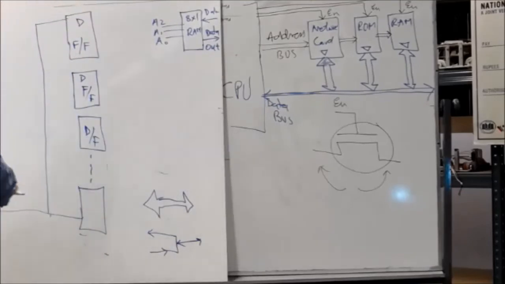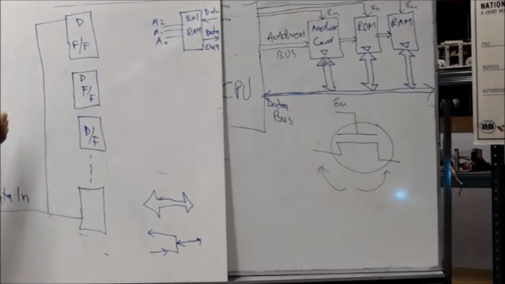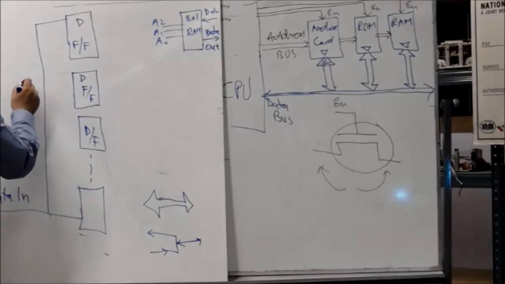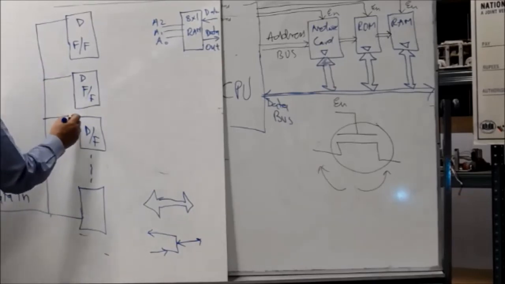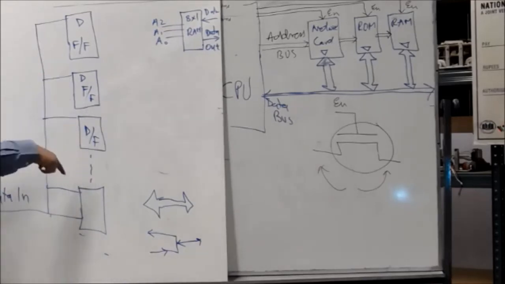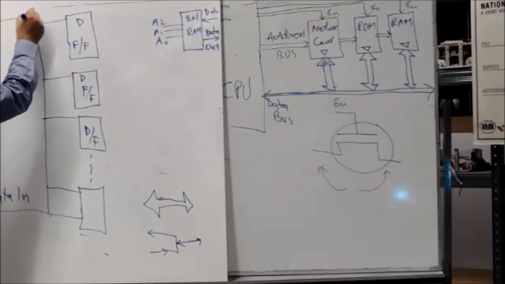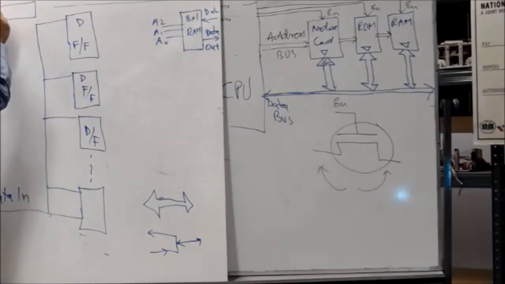So we have this data line, data in over here, that you want to write into any of these memory locations. But you have to choose one of these memory locations. You will remember that to select one of these memory locations, you need a decoder. The decoder will have three address inputs, which are the address lines A0, A1, A2.